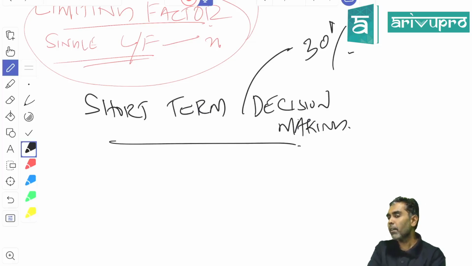in the short run, the fixed production overheads are considered as period costs, which is not relevant for decision making.